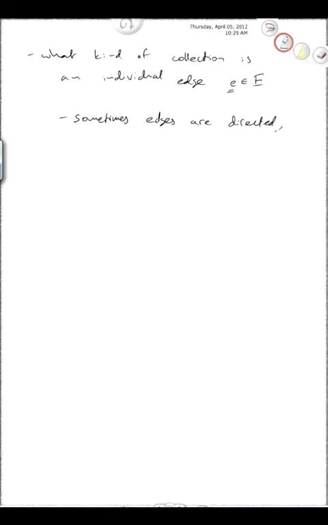And in that case, E is a tuple, and G is called a directed graph.